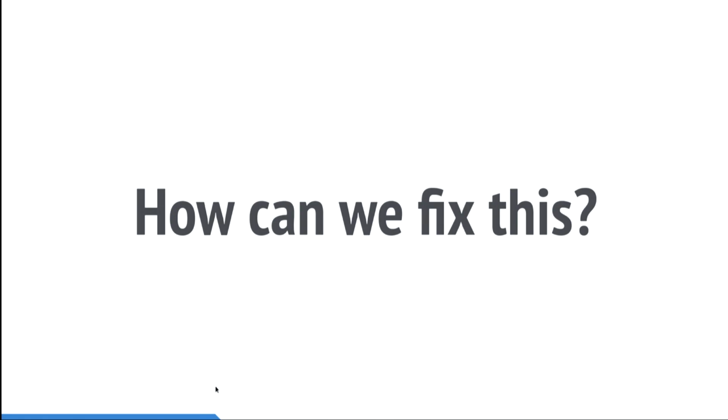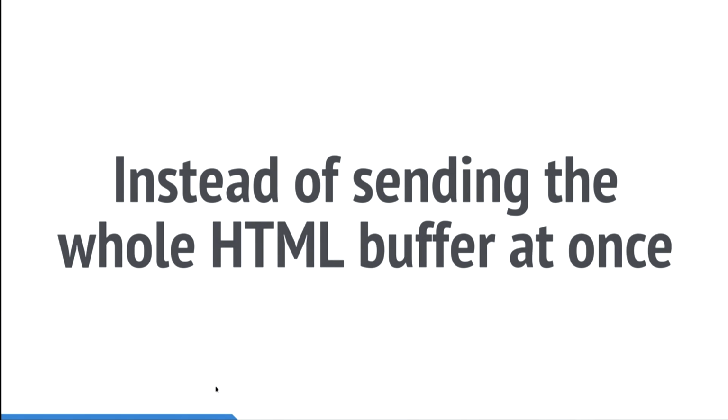How can we fix this? How can we make our application render sooner despite the reasons we have, like requesting data and maybe other conditions in our app? Instead of sending the whole HTML buffer at once, like the previous code does, we can use a simple idea.